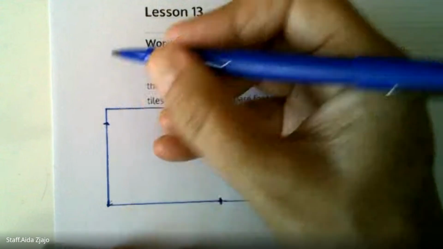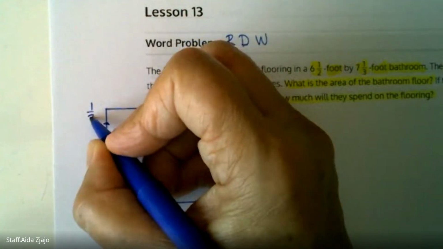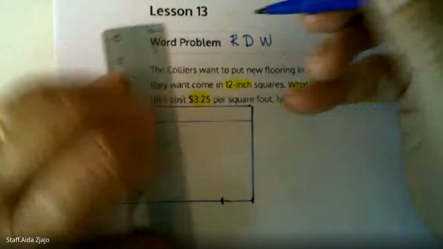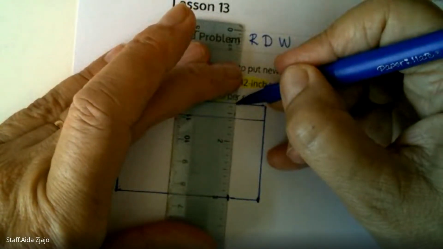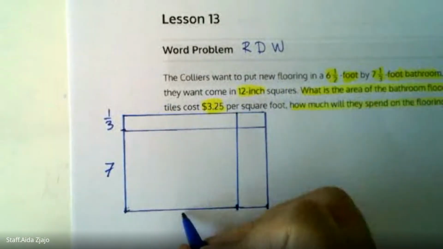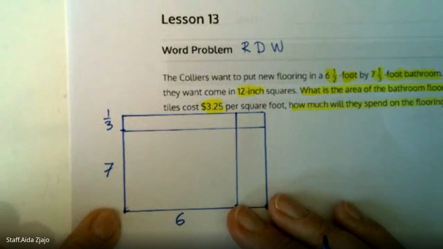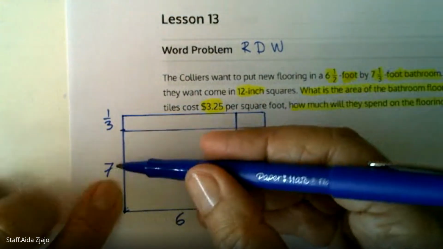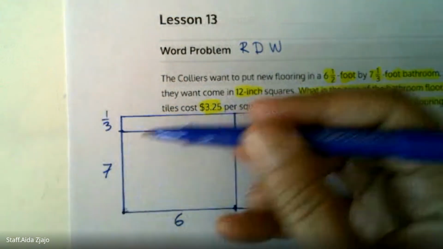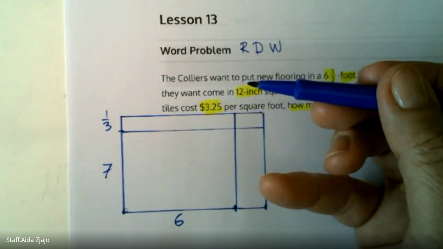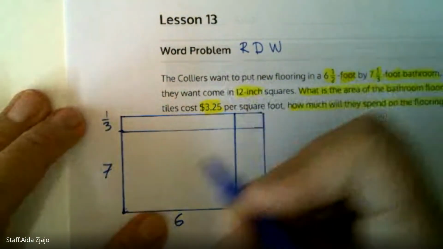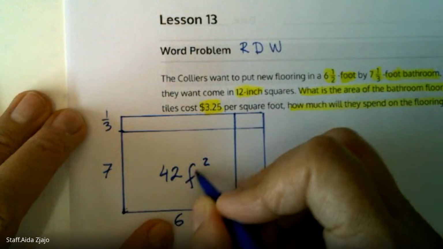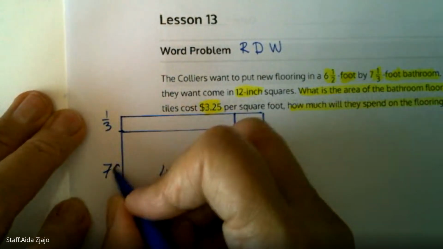Here it's 1/3, and here is 7. When I create the area, I will have here 6 by 7. If you don't know what 6 times 7 is, you can think 6 times 5 is 30, and 6 times 2 is 12. So 12 and 30 is 42. So 6 times 7 is 42 square feet, because this is foot and this is foot.